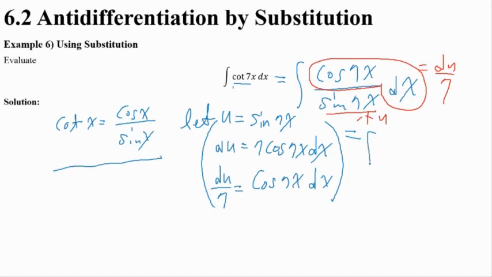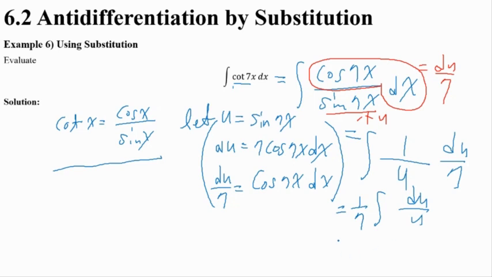So the integral: the denominator will be just u, and the numerator part cosine 7x dx will be du over 7, which is 1 over 7 integral du over u. The 1 over 7 should be out in front. So 1 over 7 and then absolute value u plus c.